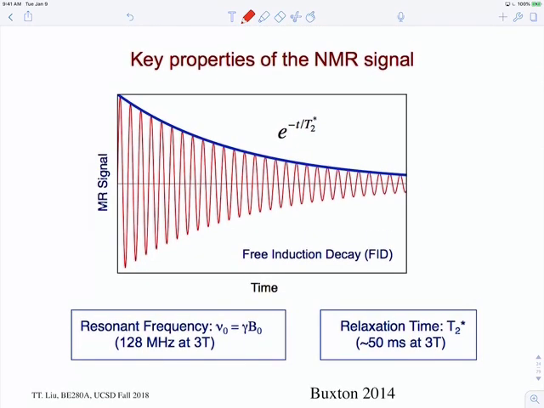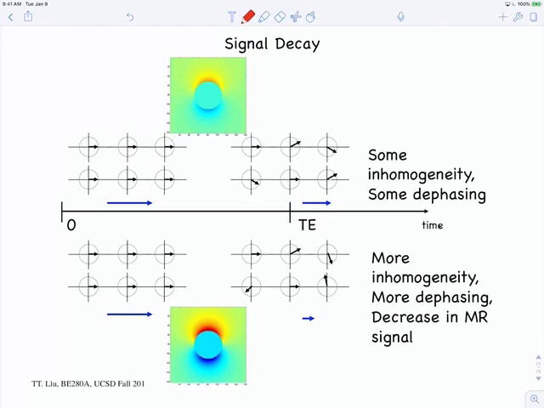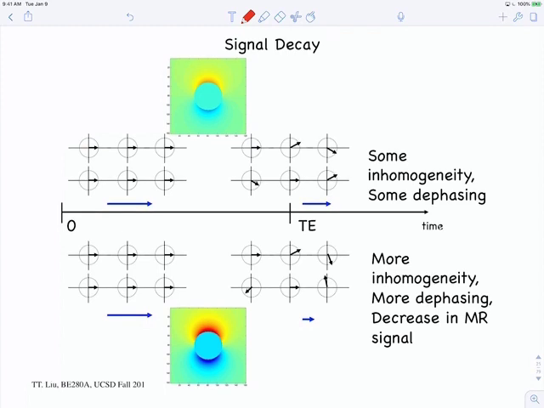Remember that we talked about T2 star, and that the signal basically decays exponentially with the T2 star time constant. Let's review. We've already seen this slide before, but now we're going to imagine that this is a cross section of a blood vessel that has some deoxyhemoglobin in it.